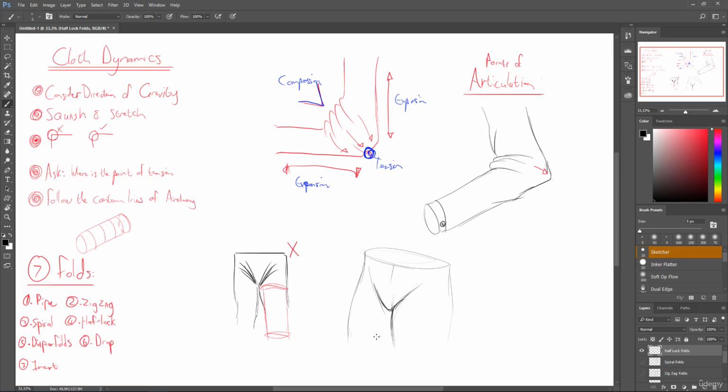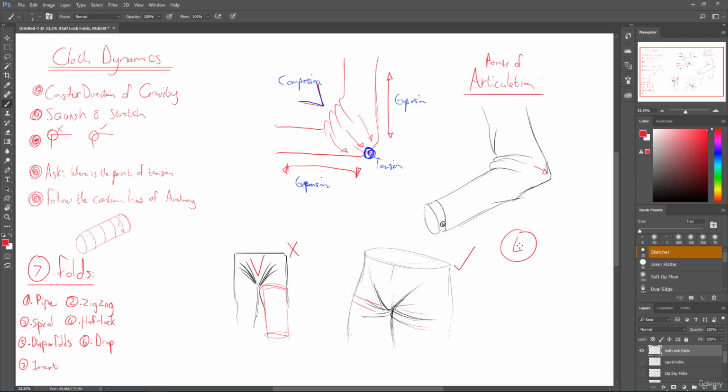But in terms of the point of tension here, it is not actually just spamming out all these fold lines from the crotch. With pants, they tend to come out at a horizontal angle here, right? Horizontal, instead of this V shape. So we get this V shape, that's incorrect. We want them to come out horizontally at those points of tension on the rounded forms, right? And this would be more correct.